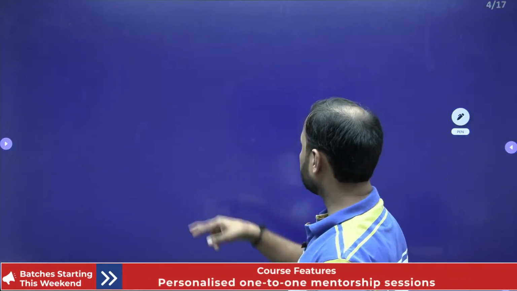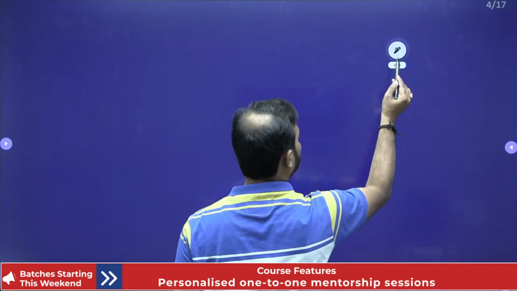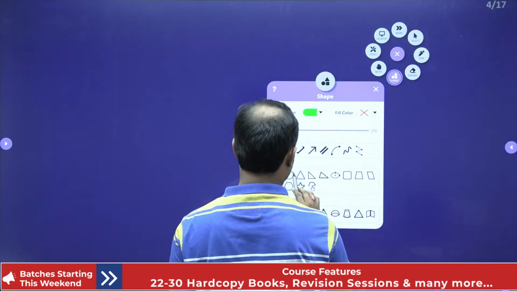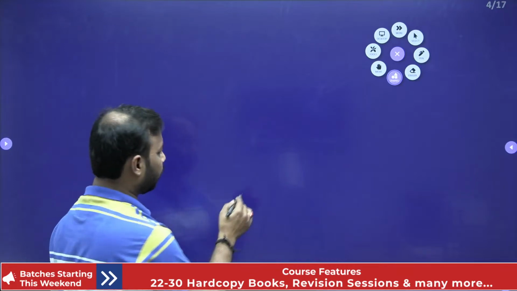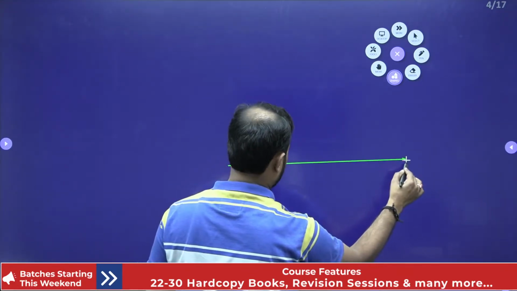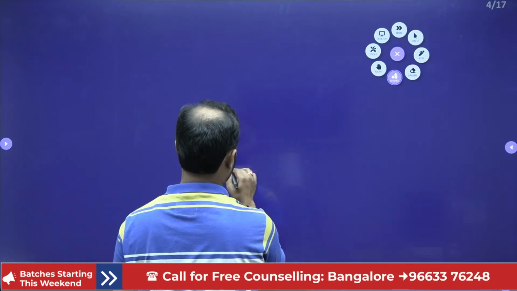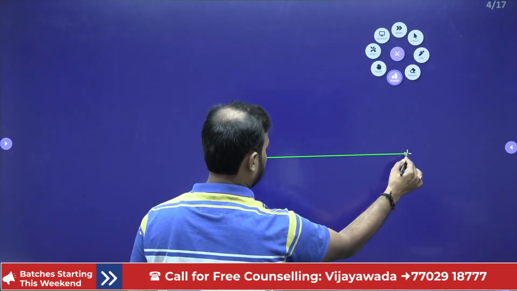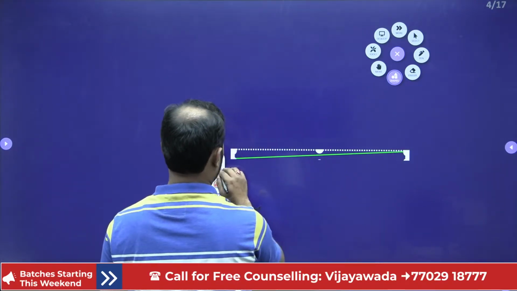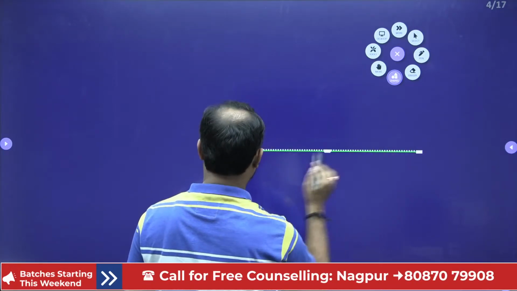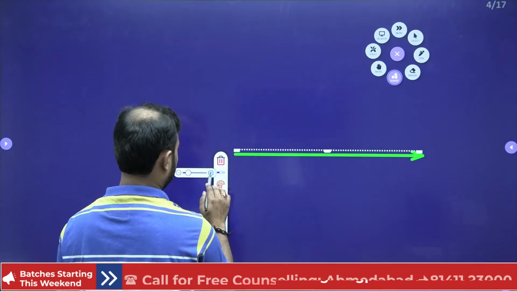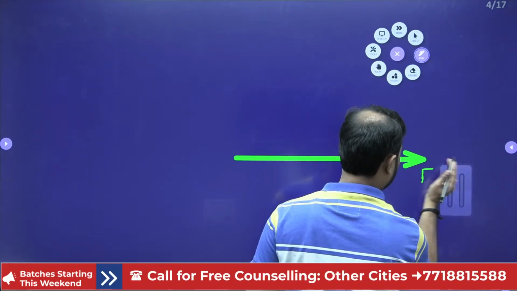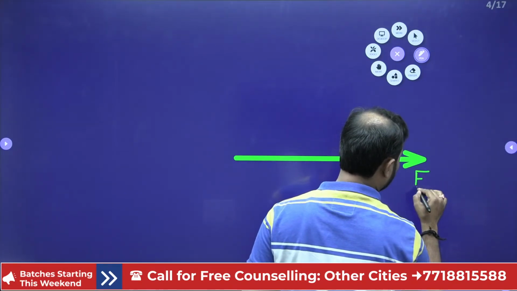So here the direction for magnetic field from the phase A will be this one. Okay, so this is phase A magnetic field.